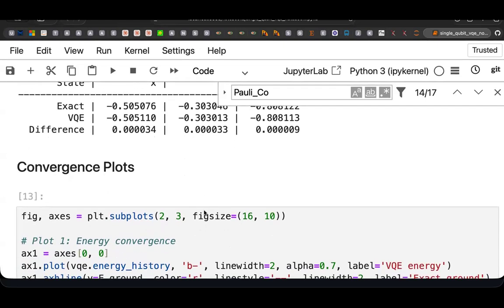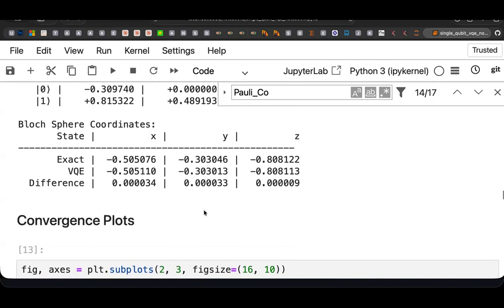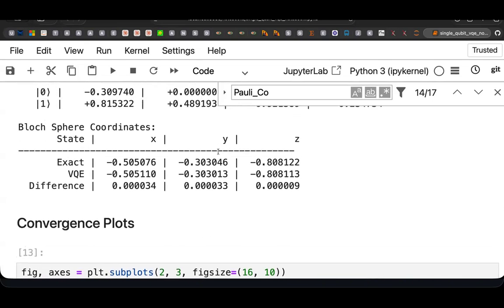I hope I have made this pretty explicit, because when you write the final code, you're going to add the number of measurements in the evaluation of these expectation values. And in order to perform the measurement, you have to convert the Pauli X and the Pauli Y to a Pauli Z matrix. So keep in mind that the Pauli X matrix is given by a Hadamard times a Pauli Z times a Hadamard.